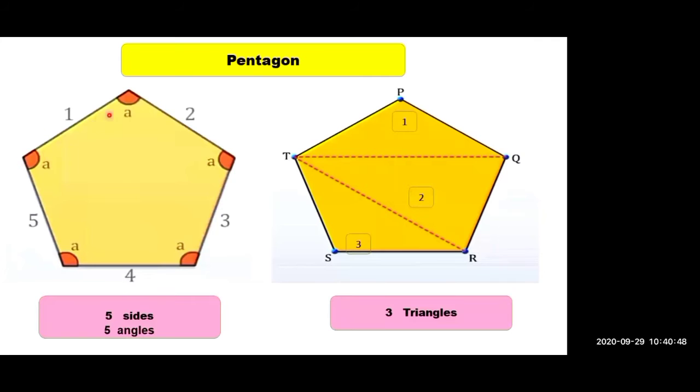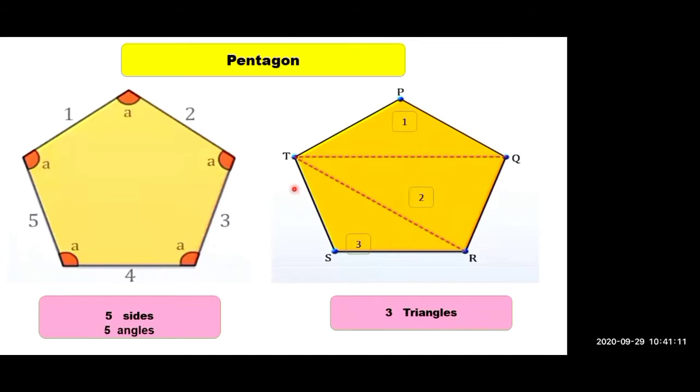Okay, and how many angles are there? 1, 2, 3, 4 and 5. 5 angles, because the number of angles is equal to the number of sides. जितनी sides उतने angles भी होते हैं.